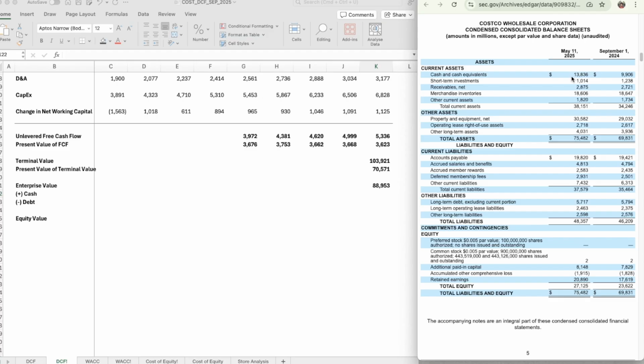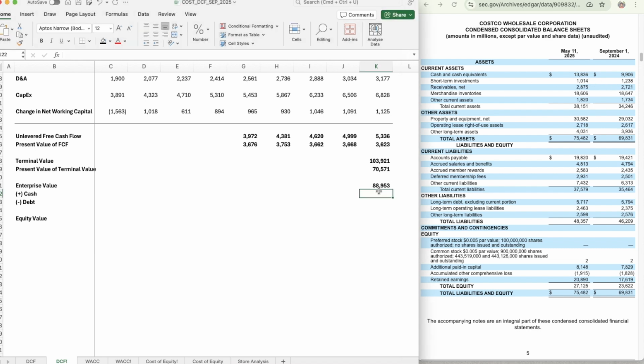So Costco at the moment currently has 13.836 billion in cash and short-term investments. These are fairly liquid. So let's put it as 13.836 plus 1014. So about 14 and a bit billion in cash.